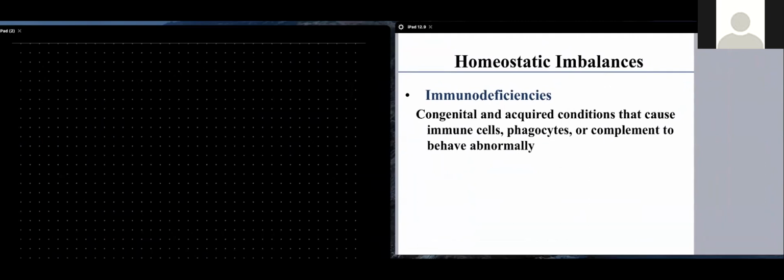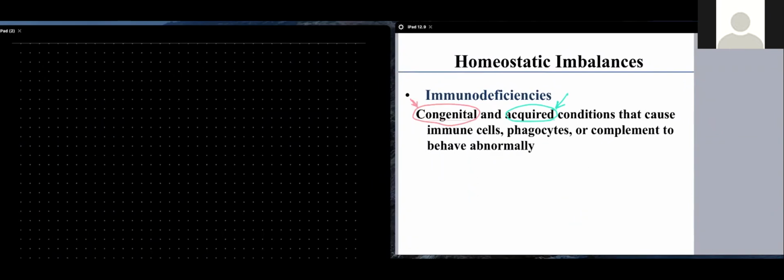So immunodeficiencies might be congenital or they might be acquired. We have, in some cases, problems that are a result of an infection, for example, like HIV infection, as we're going to see. We have, in other cases, a child born with congenital immunodeficiency.